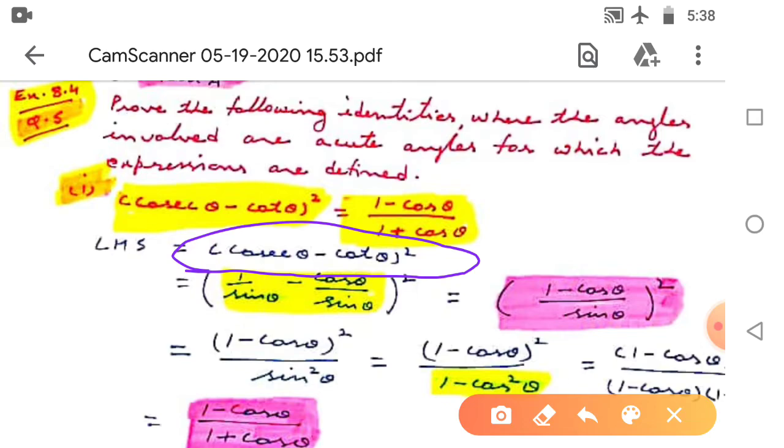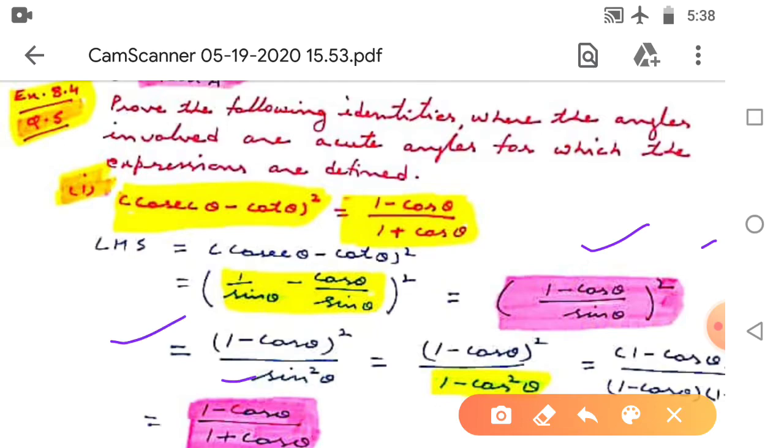So cosec theta is 1 upon sine theta. Cot theta is cos theta upon sine theta. Now see, the denominator, we have sine theta here and here. So take the LCM and it becomes 1 minus cos theta upon sine theta whole square. Now numerator is 1 minus cos theta whole square and the denominator is sine square theta.